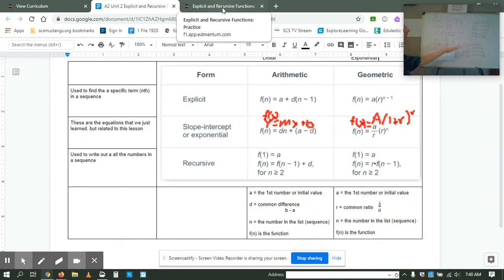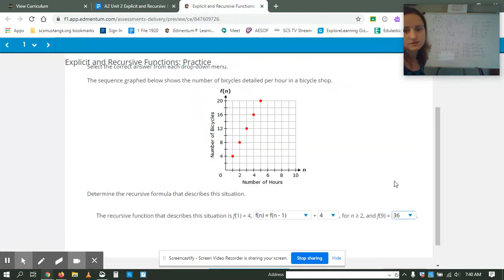So instead of having to write that whole list out using that recursive form, for finding the f of 9, we could have switched right over to the explicit and then done it that way.